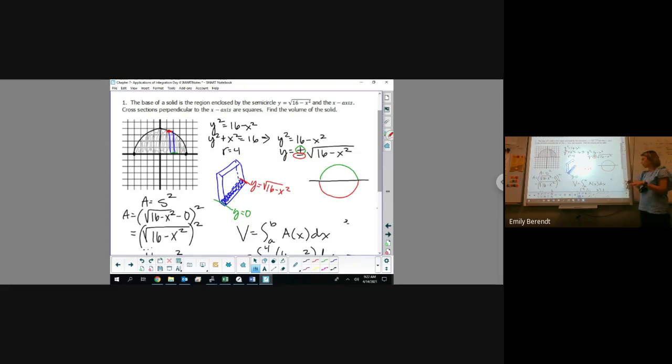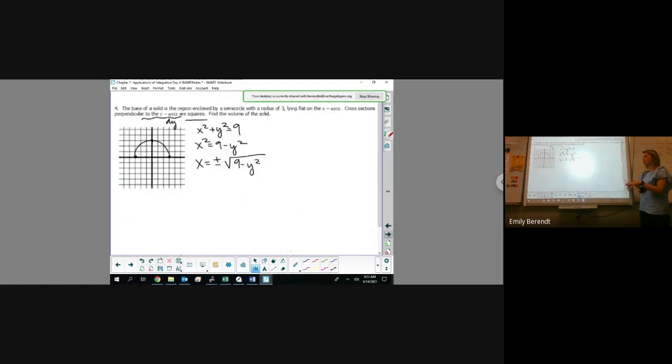On this next one, it wants x's to equal positive values and x's to equal negative values. So where are your x's positive? To the right of the y-axis.